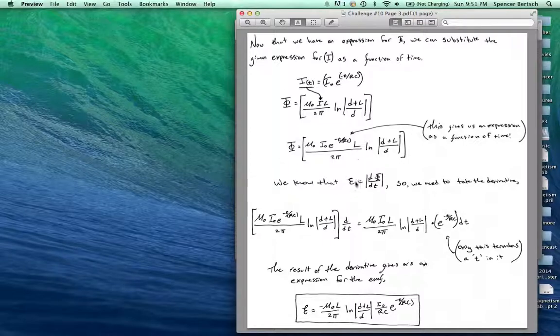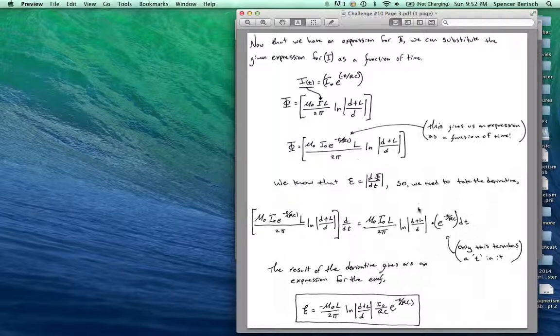We're almost done. We know that the EMF is equal to d phi over dt, so we need to take the derivative. Because we're differentiating with respect to time, most of this expression doesn't have time in it, so we can pull out the things that don't. That's how I wrote it: mu naught I naught L over 2 pi times the natural log of (d plus L) over d, and then e to the negative t over RC dt.